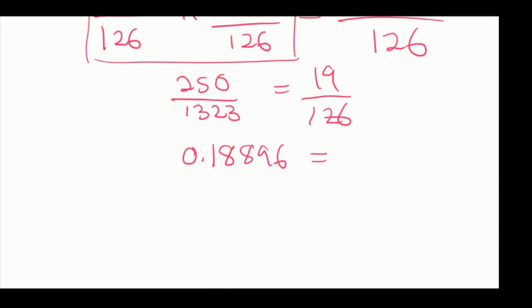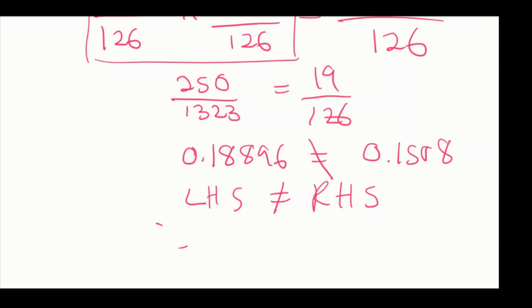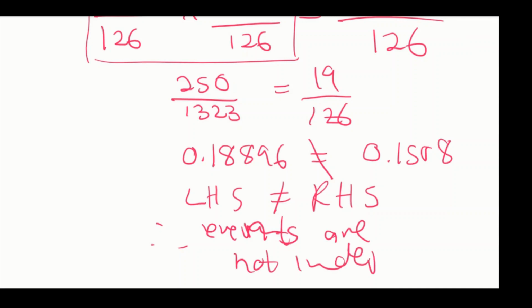The right hand side gives you 0.1508. As you can see, the left hand side is not equal to the right hand side. Therefore, the events are not independent.